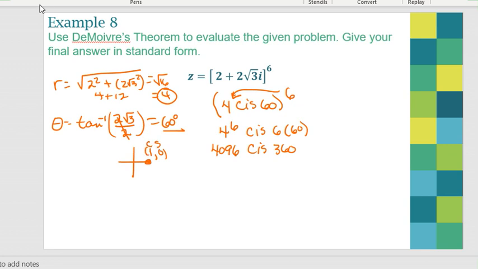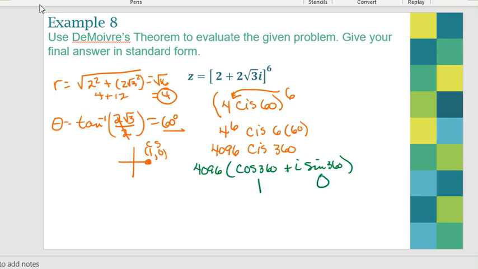So to finish this off, I'm going to expand this: 4,096 times cosine 360 plus I sine 360. And lovely, I have announcements in the background. Yay! All right, this is a 1.